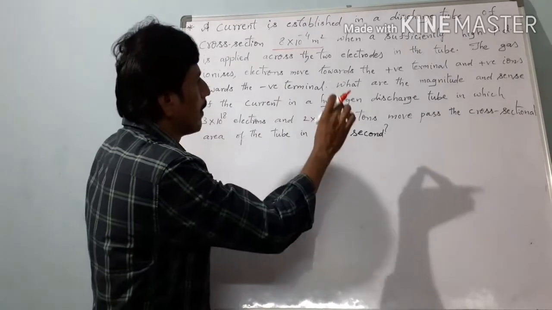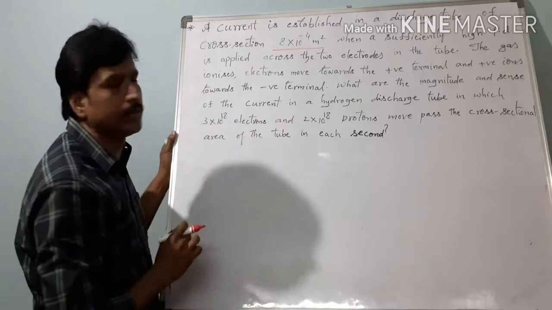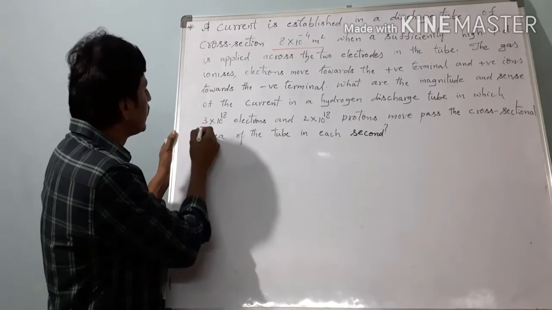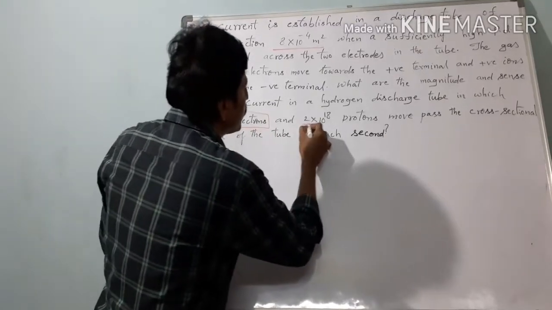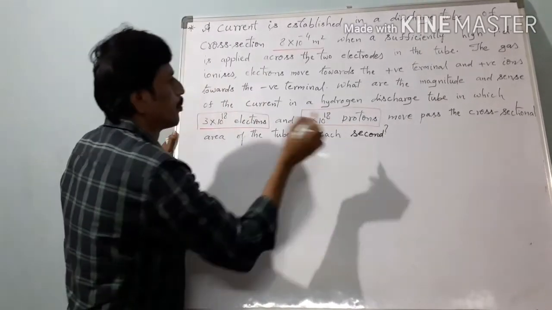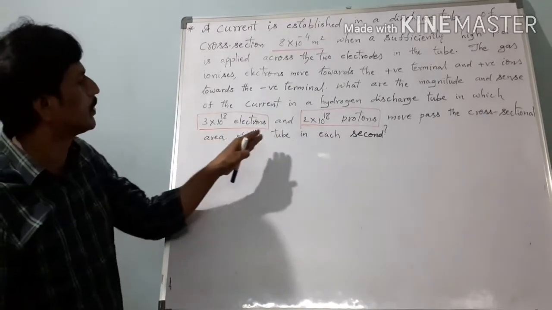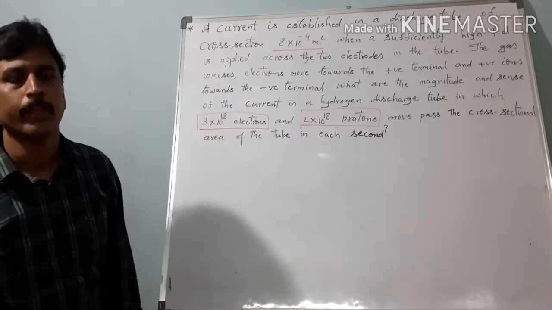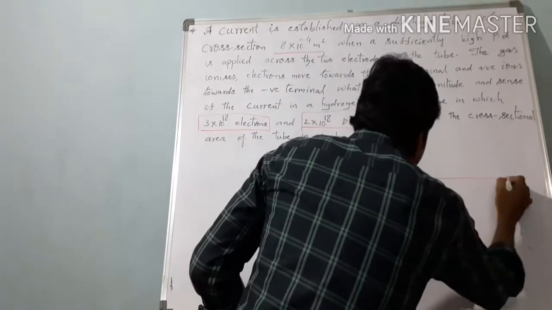What are the magnitude and sense of the current in a hydrogen discharge tube in which 3 × 10^18 electrons and 2 × 10^18 protons move past the cross section area of the tube in each second? So let us see a discharge tube.